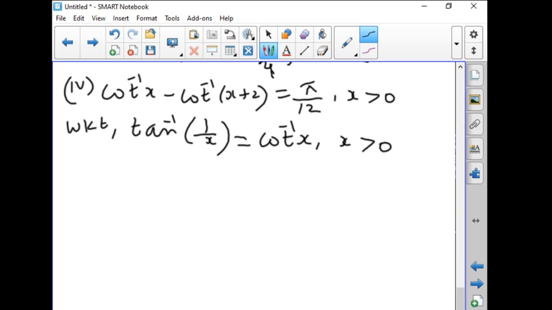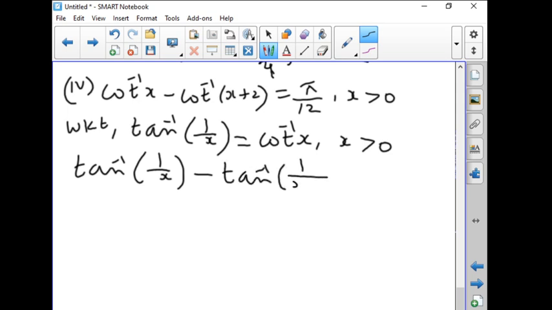So therefore, this left hand side can be written as tan inverse of 1 by x minus tan inverse of 1 by x plus 2 is equal to pi by 12. Now use the property in the left hand side.